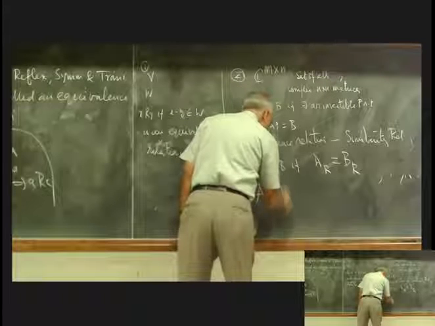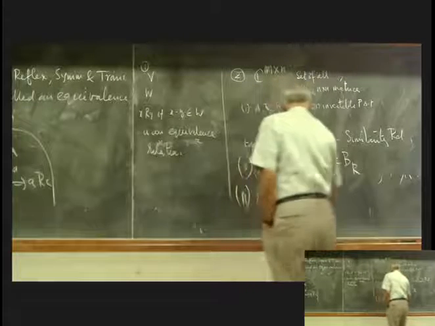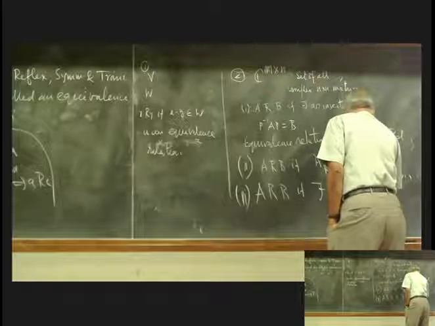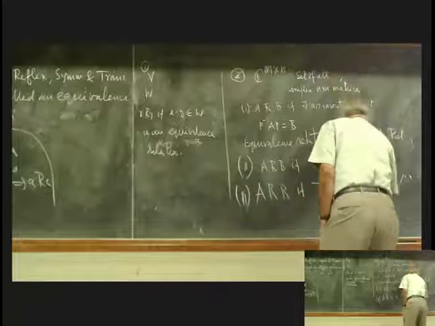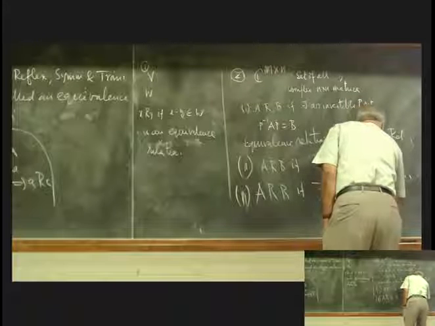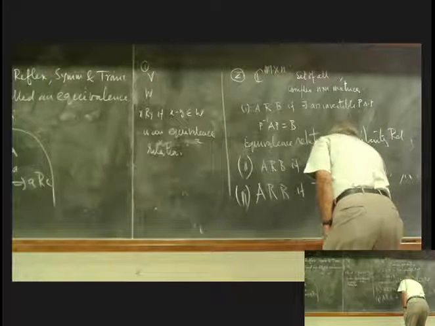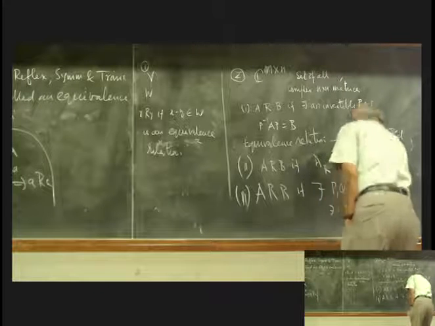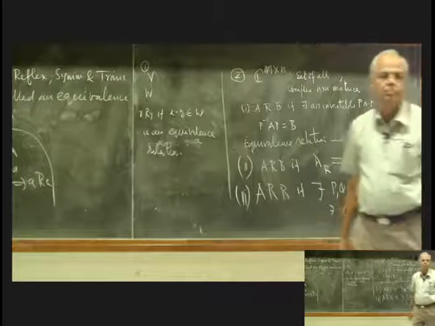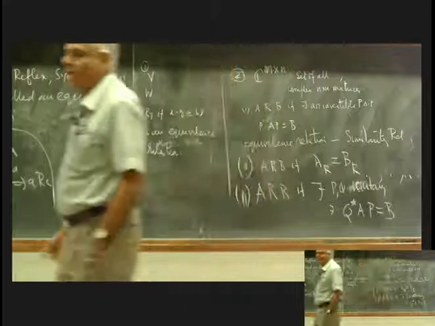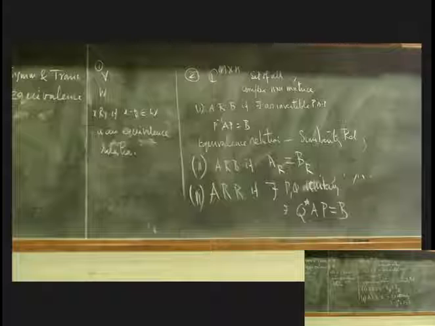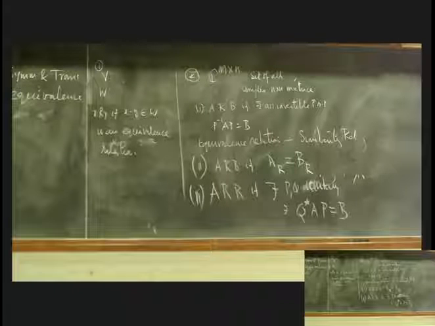A is related to B if there exist P, Q orthogonal matrices, let's take unitary matrices in the case of complex, such that Q star A P is equal to B. What does that remind you? If you have taken a linear algebra course, this is the study of the singular value decomposition.